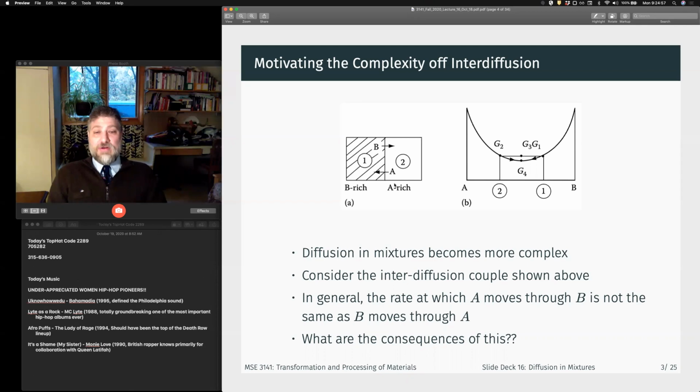In general, the rate at which A moves through B is not going to be the same as which B moves through A, right? So what are going to be some consequences of this? Any speculation?